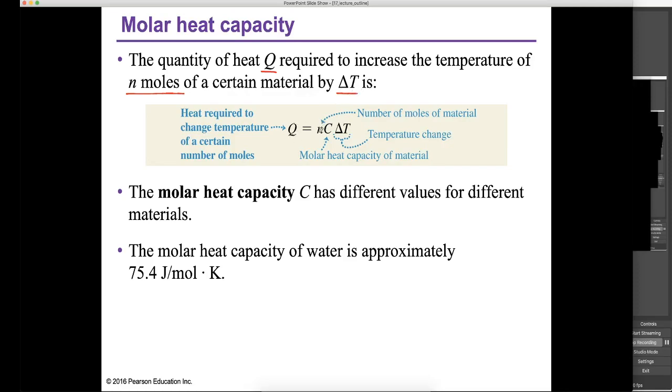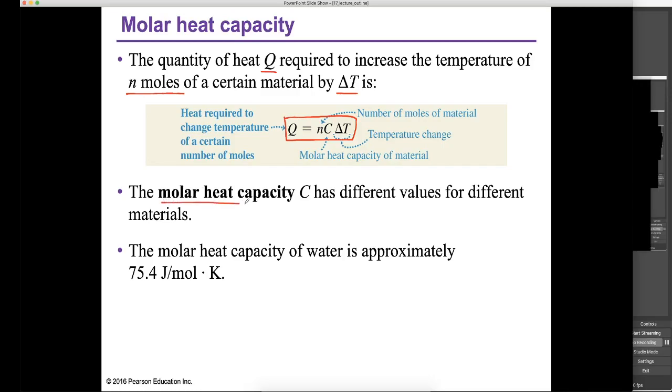So this is the heat. C is the molar heat capacity of the material. n is the number of moles of material. And delta T is the temperature change. So this is the equation when you calculate the heat required to increase the temperature of n moles of the material.